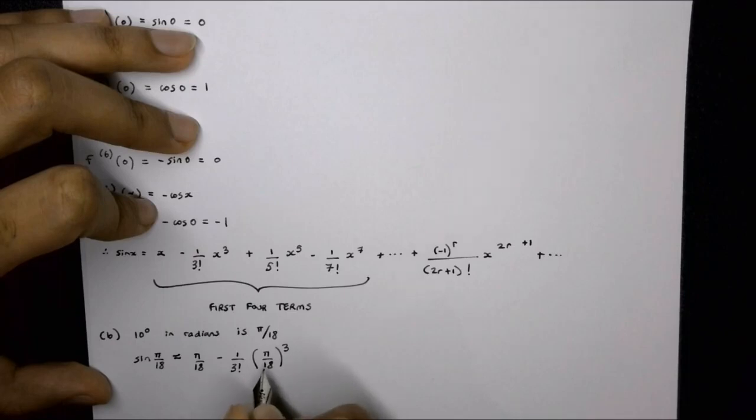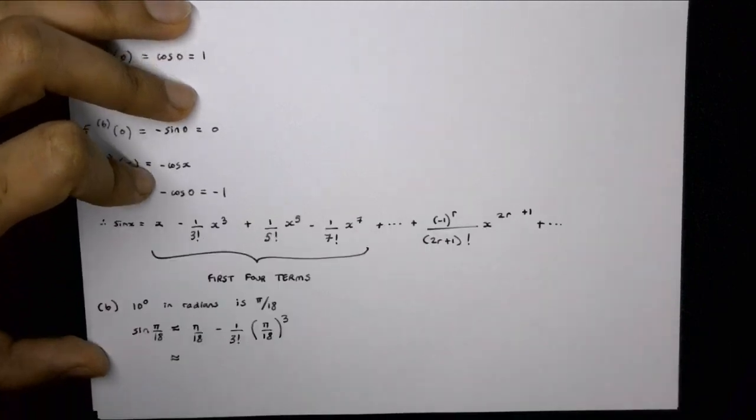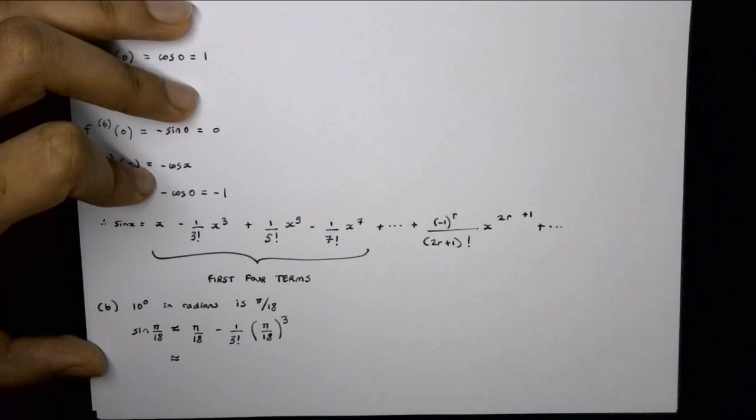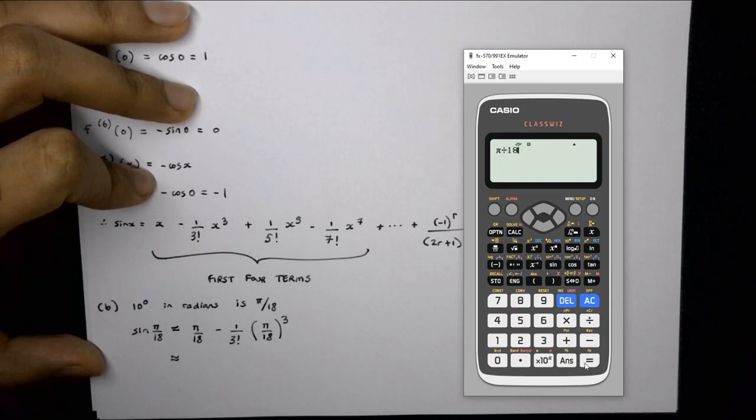Okay, so if we work all of this out on our calculator, we type in the pi over 18. So we've got this minus 1 over 6 times by this to the power of 3.